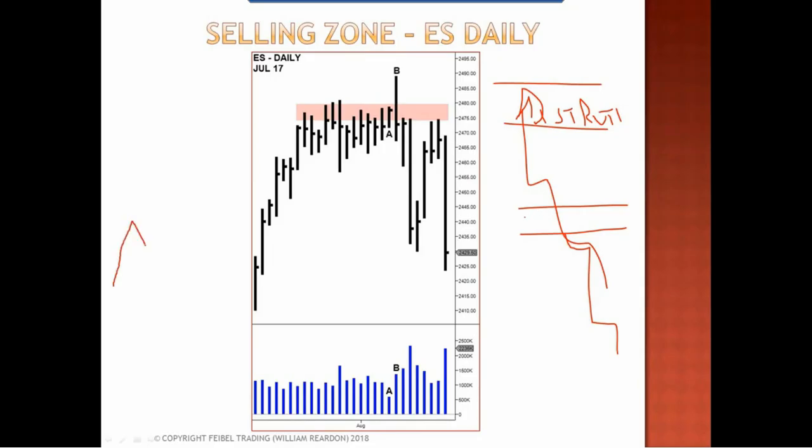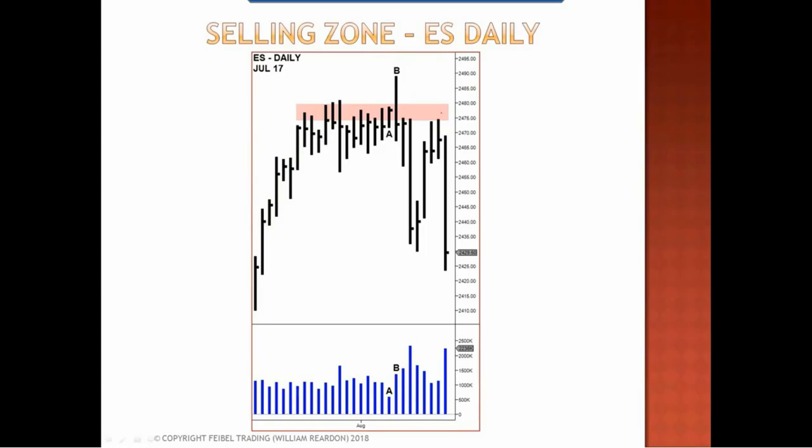So if we're in an uptrend and we spot a selling zone, we might come down to here, a natural place, or to here, a natural place, and then resume our trend. However, if we come from a downtrend and we encounter a selling zone, the odds favour that we have more continuation to the downside.